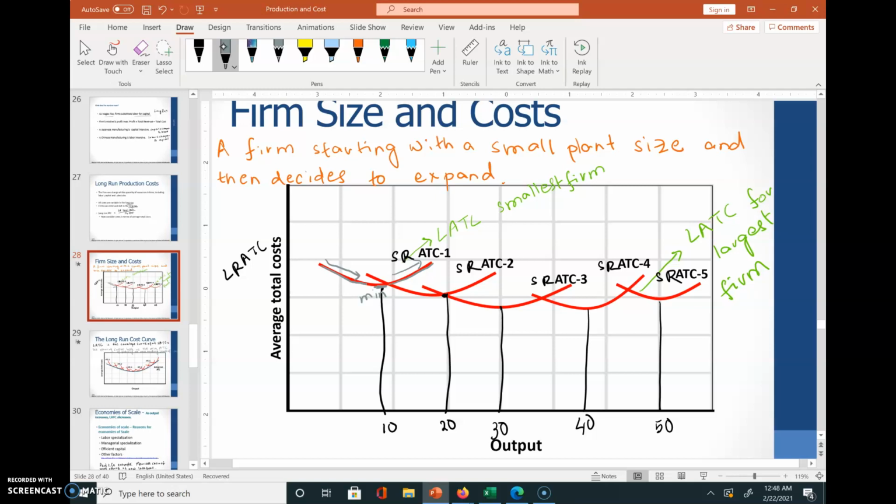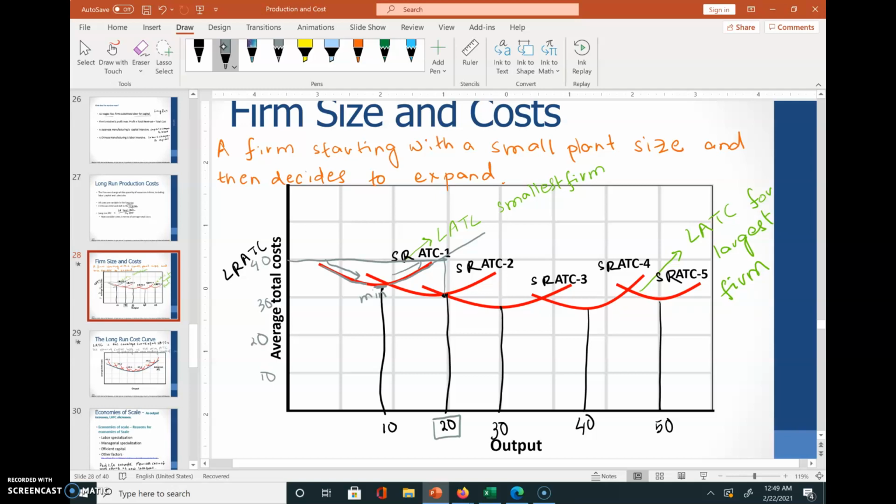Now let's say the farm wants to produce 20 units of output and decides to stick to SRATC1. What happens? If the farm is using SRATC1 technology and decides to produce 20 units of output, the average total cost will be $40.